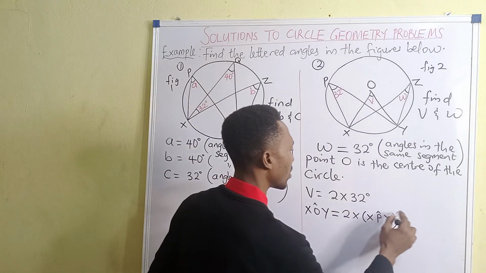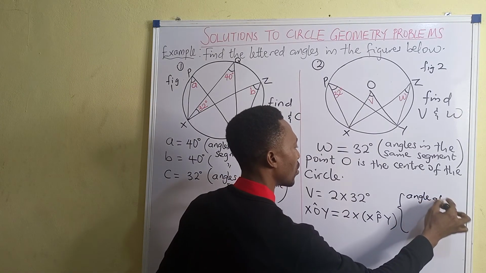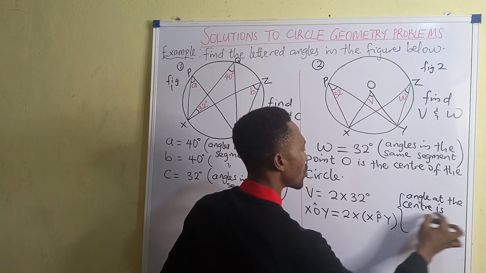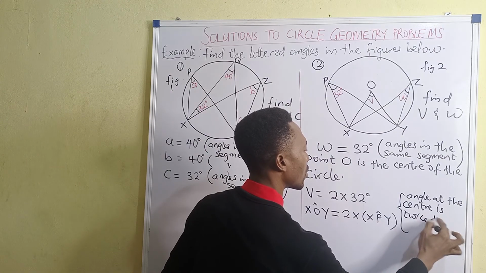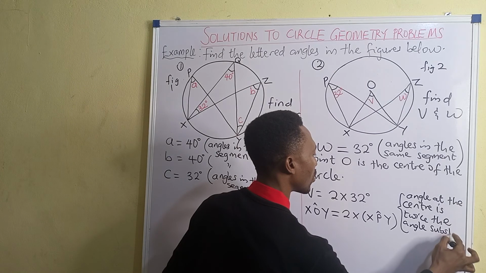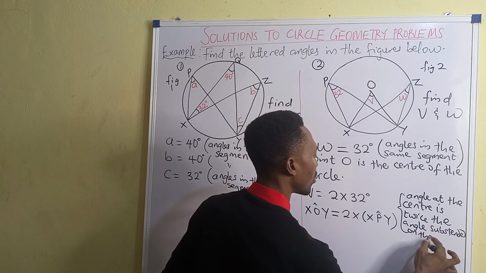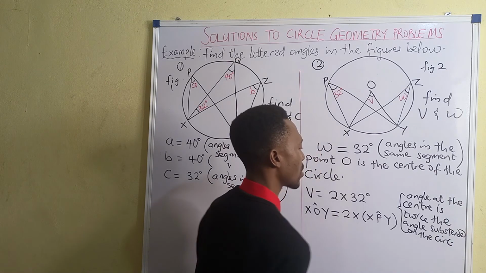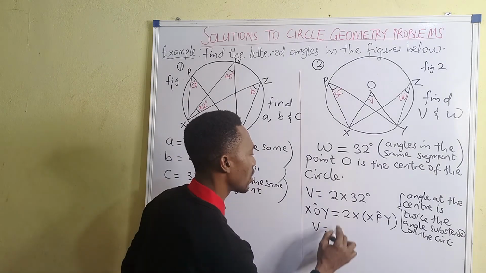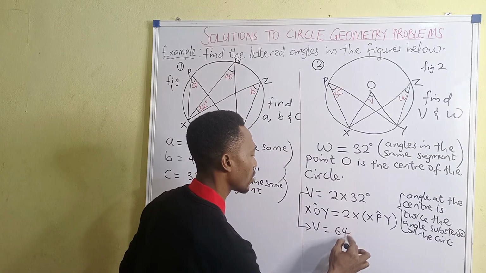Angle at the center is twice the angle subtended on the circumference. So by that, we have that V is equal to 2 times 32, 64 degrees.